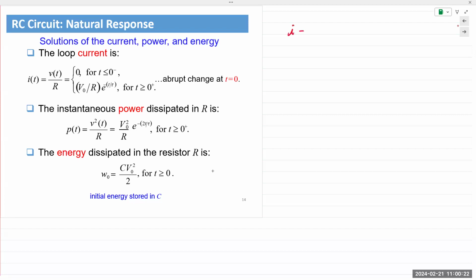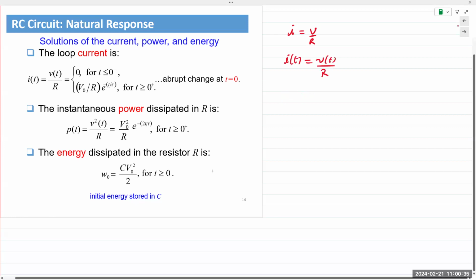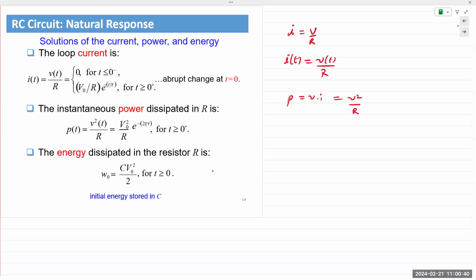And so I is V over R. And so I of t is also V of t over R. Instantaneous power P is VI or V squared over R. And so P of t is also V squared of t over R. And then energy discharged in that resistor is the total stored energy in the capacitor.